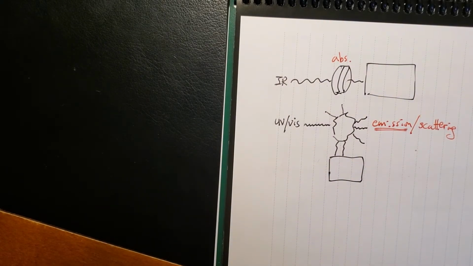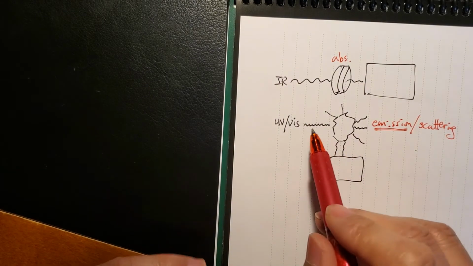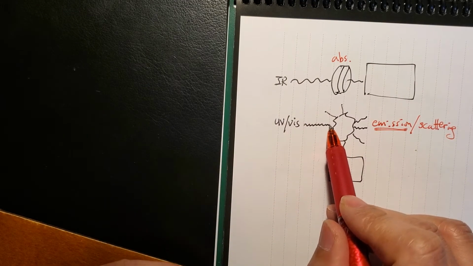But I like this word better. So light is actually absorbed, and then instead of caring about what wavelength of light is absorbed, we are checking what wavelength of light is coming out. Okay, so the original light is not what we are measuring.